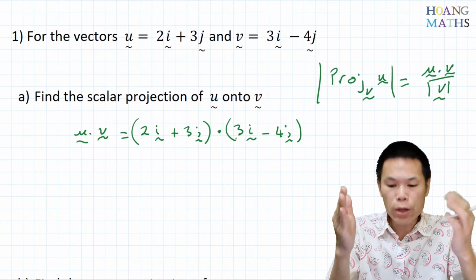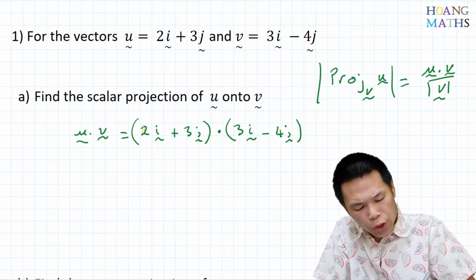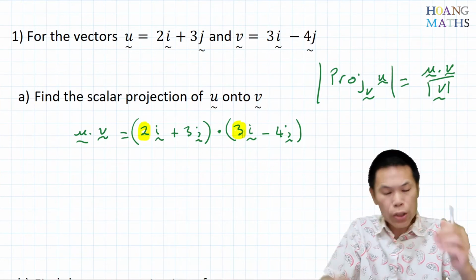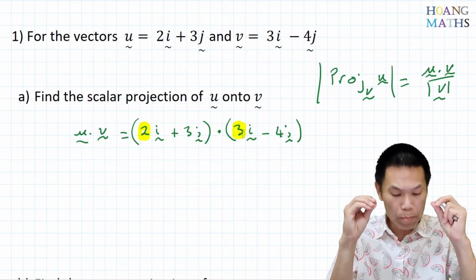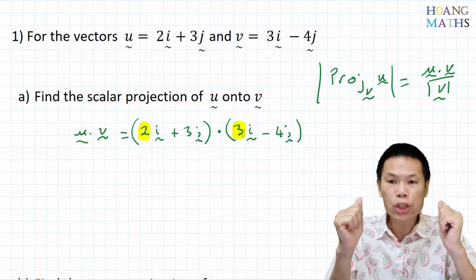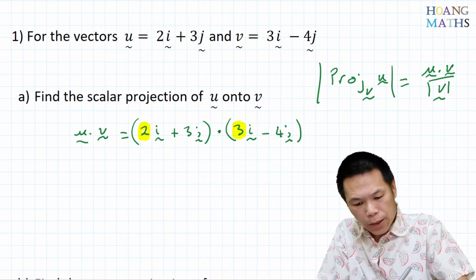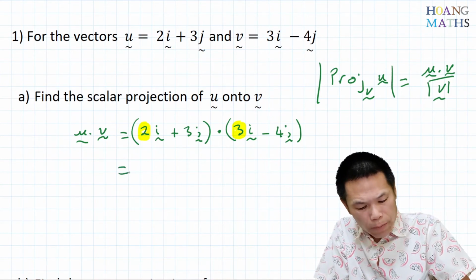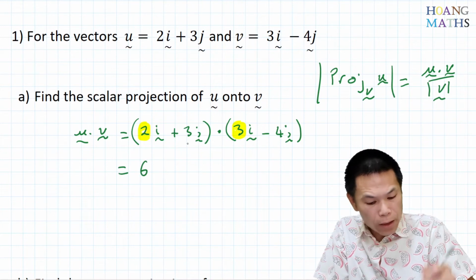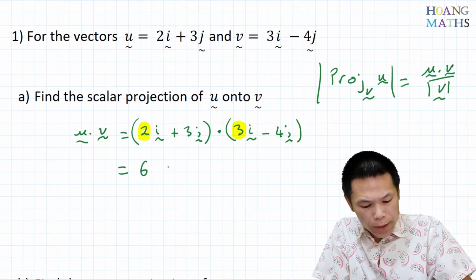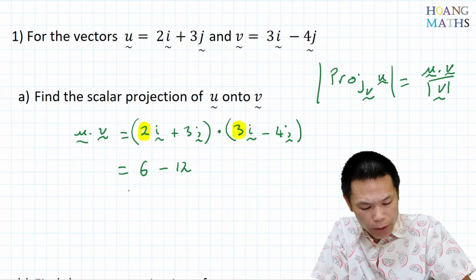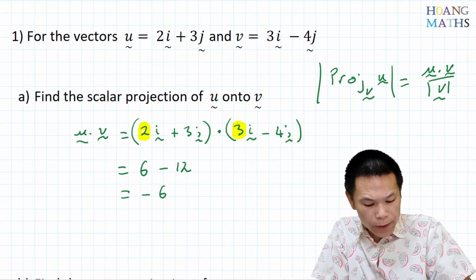To find the dot product, we multiply the i components together, and then add the product of the j components. So 2 times 3 is 6, plus 3 times negative 4 is negative 12, so minus 12. That will give me negative 6.